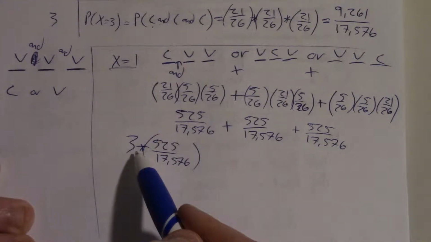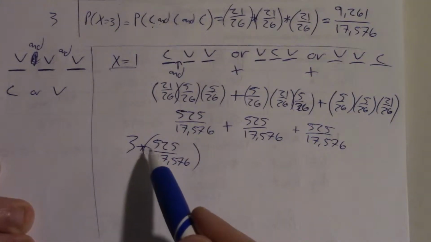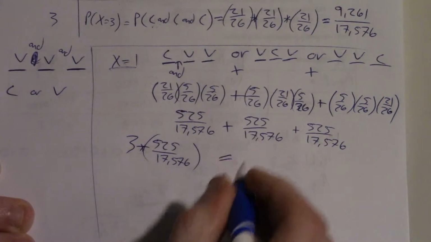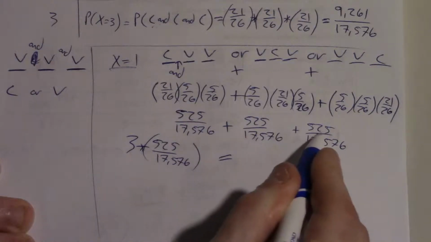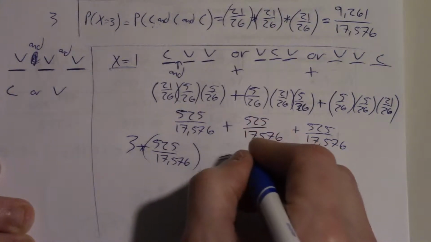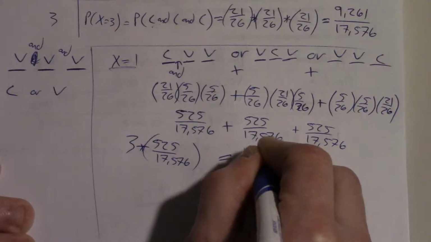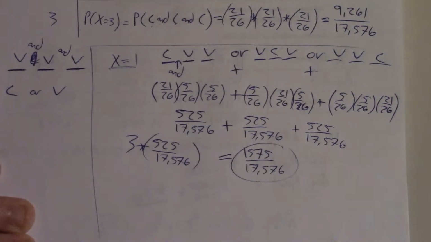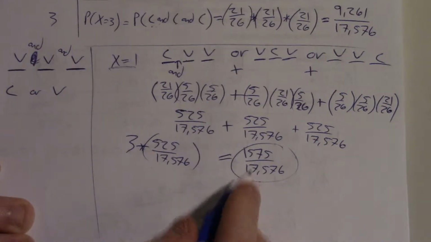Well, there are 3 of those. So the number of ways times one of the probabilities all works out to be the same. That's the same as doing the long addition here. So in total, what that gives us is 1,575 out of 17,576. So that's the probability that x is 1.